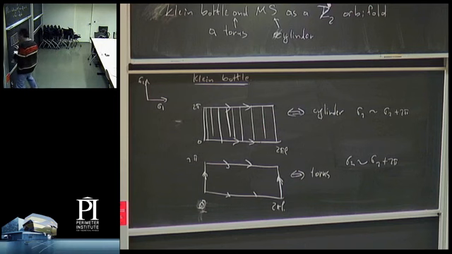So this is 0, this is 2 pi, and this is 2 pi L. I have a region here, and this is the way I represent the cylinder, with the identification sigma 2 identified with sigma 2 plus 2 pi.